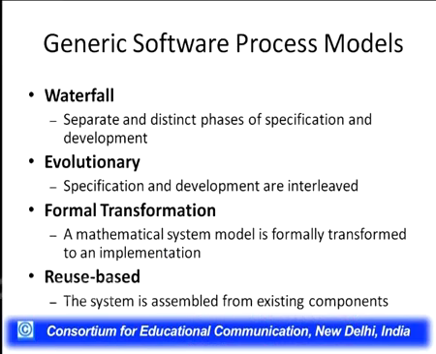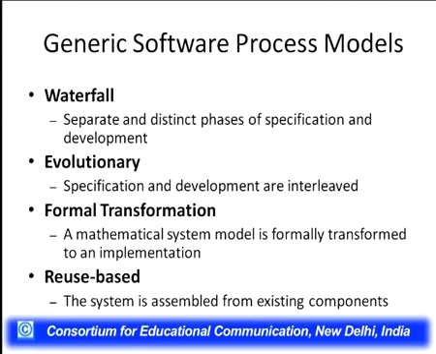So when we talk about software processes, now we will talk about certain generic models which are used. A lot of software process models are there, and each model of course has its pros and cons, and each model has specific characteristics which make it suitable for developing a specific kind of software product.